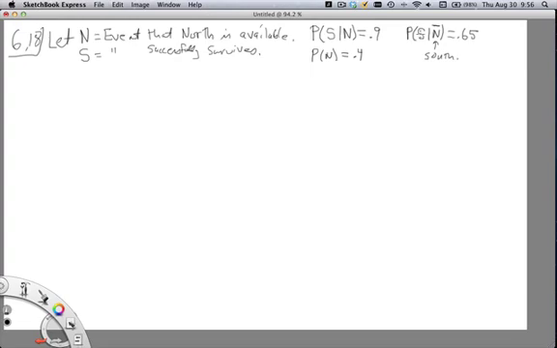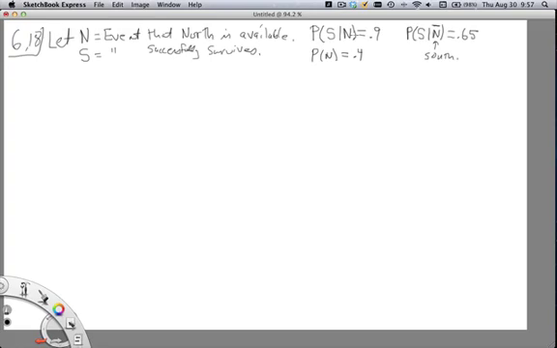The crosstab approach requires a little bit more work. Many of the problems will give you two marginals, so they'll give you the probability of N, the probability of success, and then some joint probability. In that situation, the crosstab is easier. A lot of the problems will give you two marginals and a conditional. In that case, I would say the two methods are about the same.